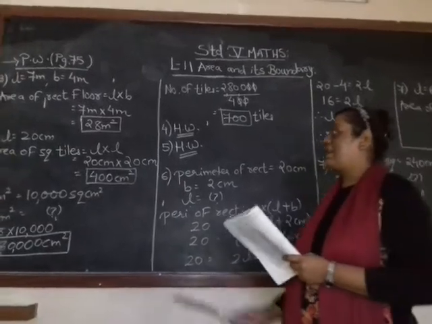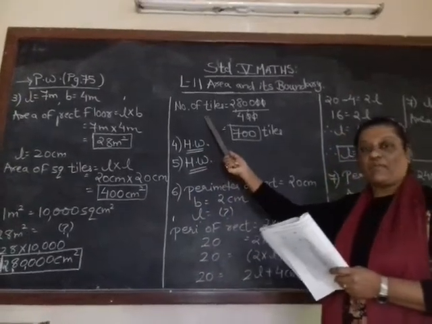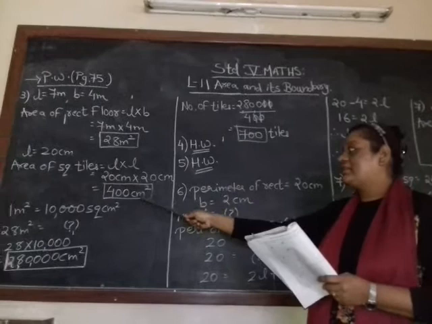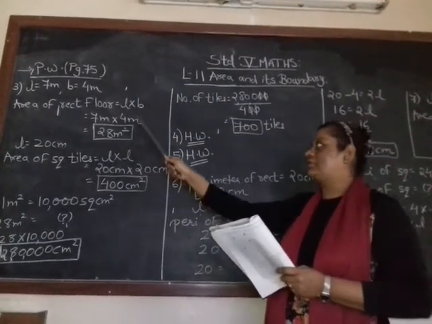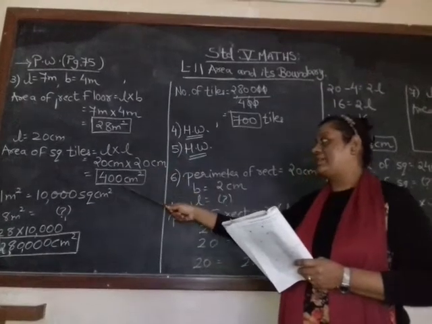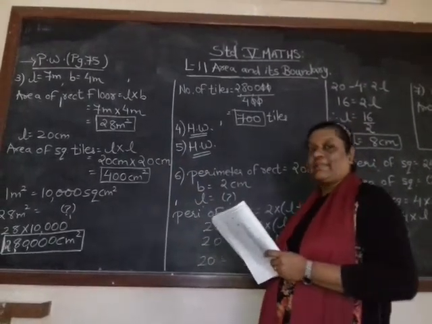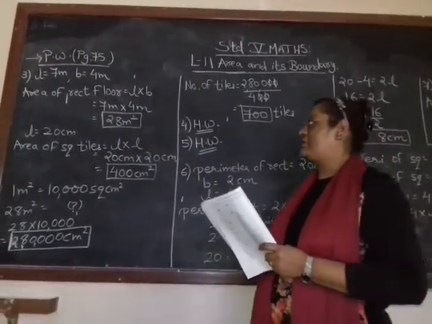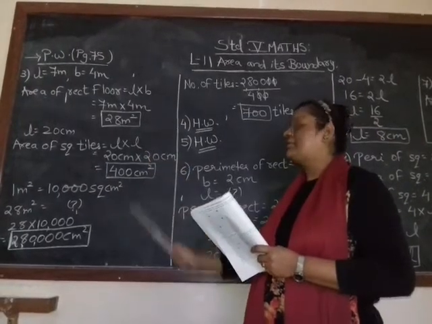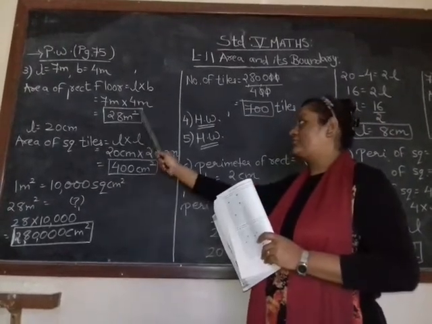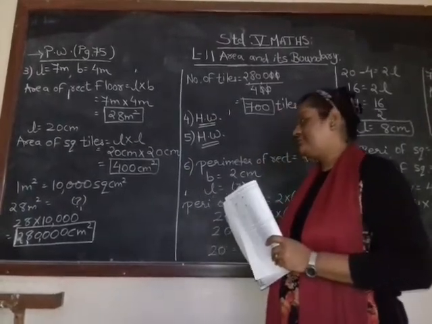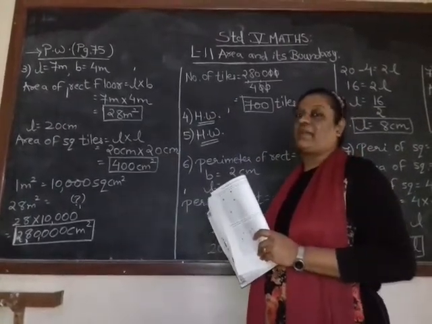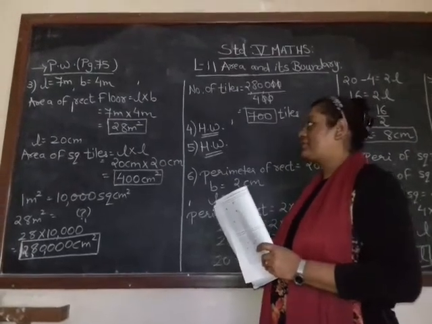So as they had asked the number of tiles to find out, the tiles' unit is centimeter, so we have to convert meter into centimeter. Again, in area we do not have the answer in meter or centimeter. We have meter raised to 2 or square meter or square centimeter. So conversion will be quite different. Okay, I proceed with the sum.